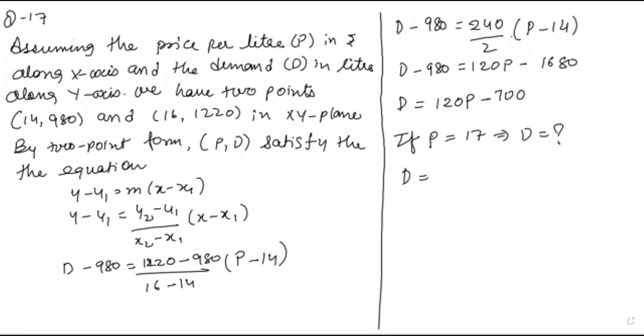D is equal to 120 into 17, which will be 2040, minus 700, which gives 1340.